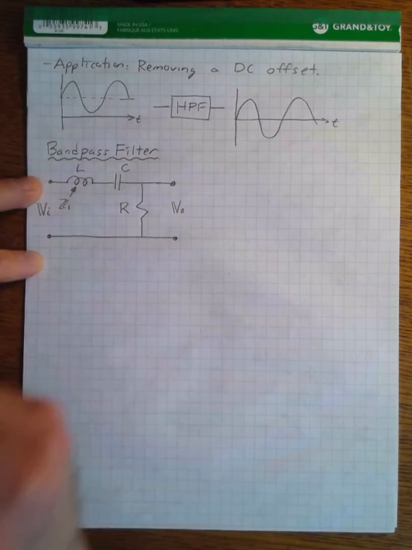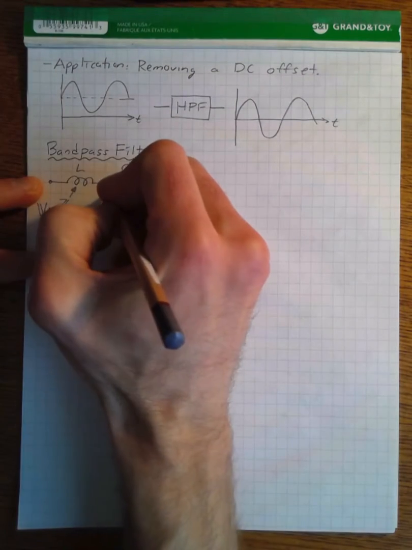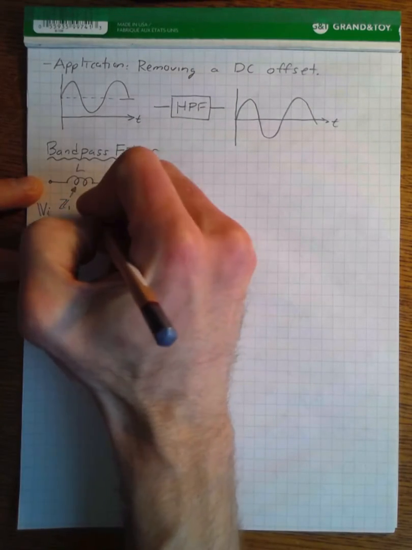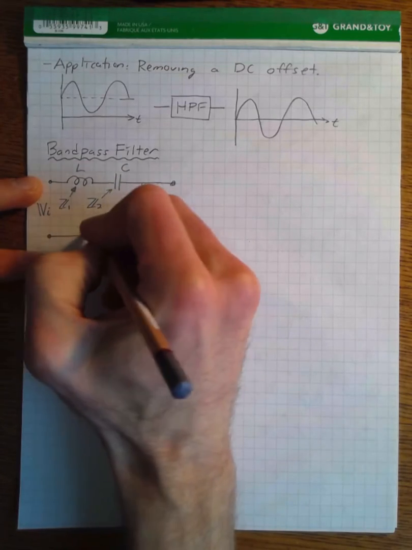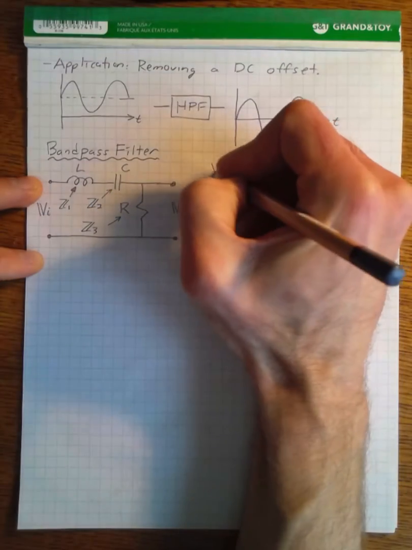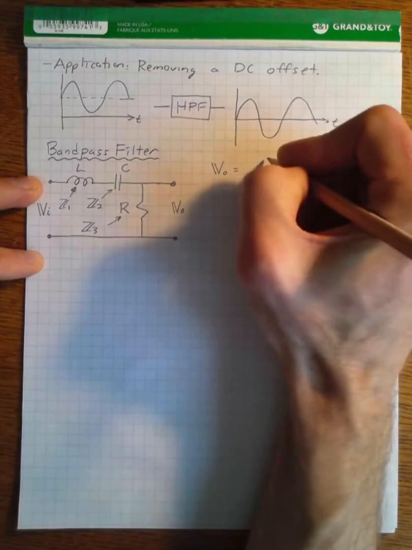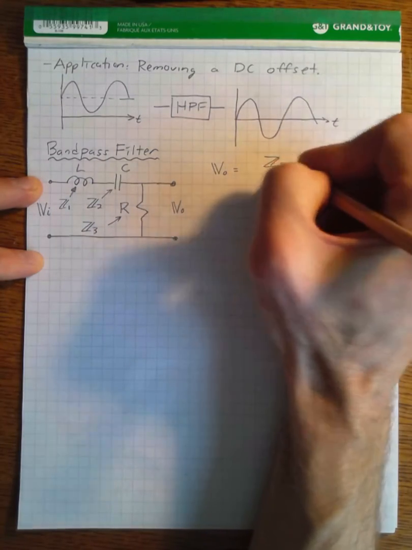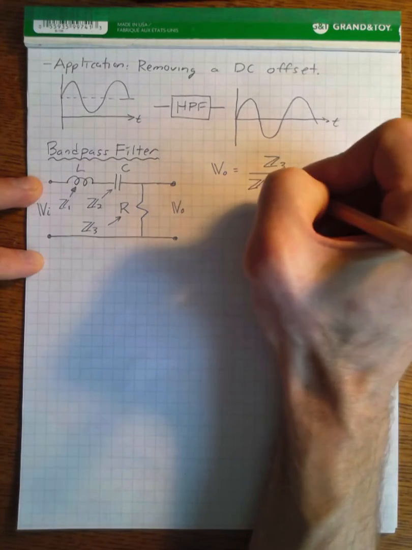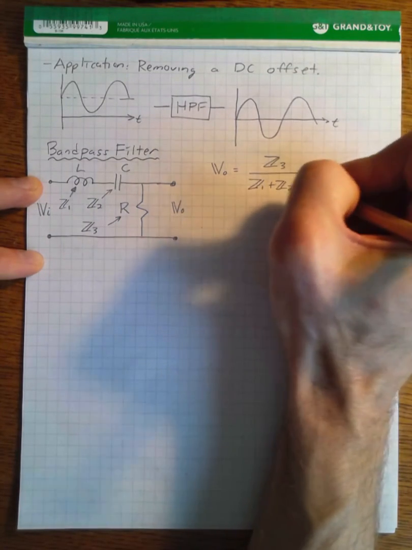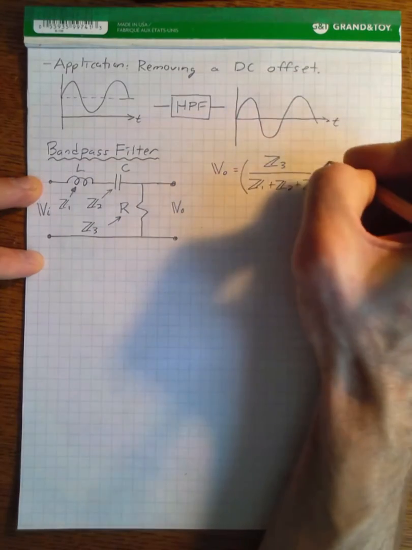So the inductor will be Z1, the capacitor will be Z2, the resistor will be Z3. The output is equal to Z3 over Z1 plus Z2 plus Z3 times the input.